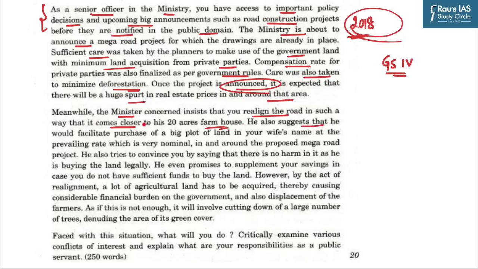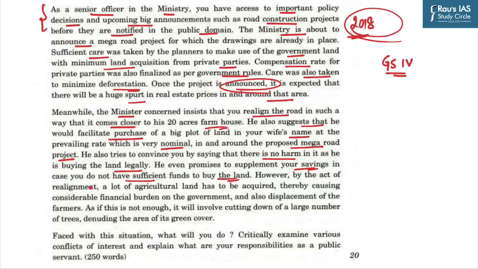He also suggests that he would facilitate the purchase of a big plot of land in your wife's name at the prevailing rate, which is very nominal, in and around the proposed mega road project. He also tries to convince you by saying that there is no harm in it as he is buying the land legally. He even promises to supplement your savings in case you do not have sufficient funds to buy the land.